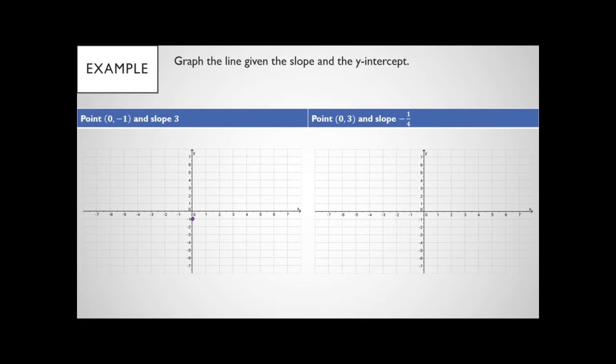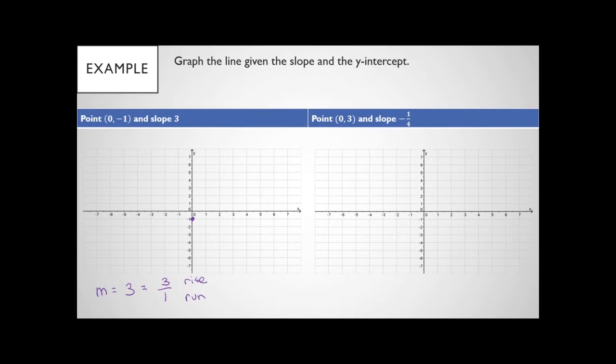That is our y-intercept. Now our slope of 3, if you have a whole number, you can write that as a fraction, 3/1. And if you remember that slope is rise over run, the rise is 3, the run is 1.